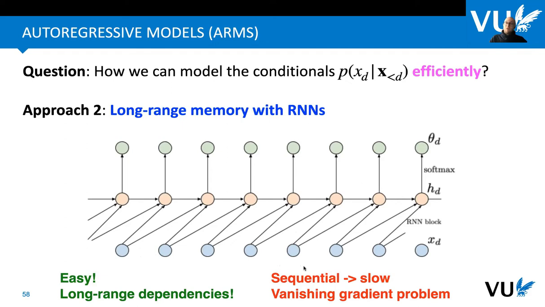If you think about implementing that for images, to process one single image we need to take pixel by pixel, storing the states, passing them along, and it would take forever. And moreover, with RNNs, we can have the problem of vanishing gradients. So nice, but thank you, no thank you.